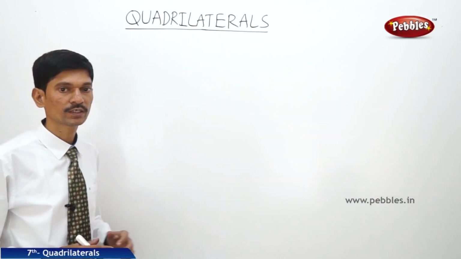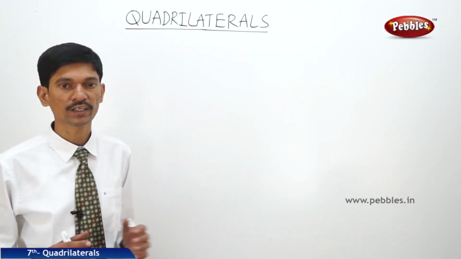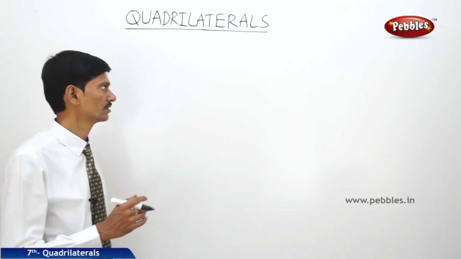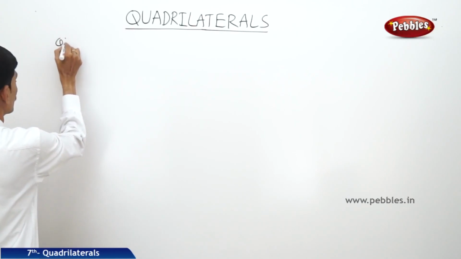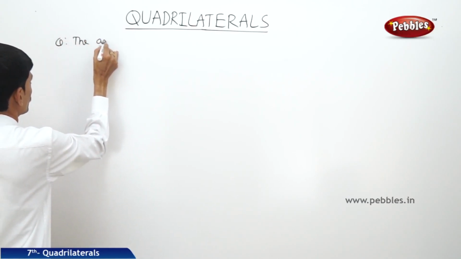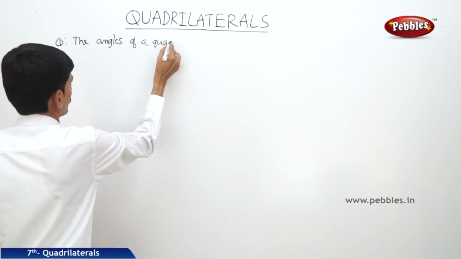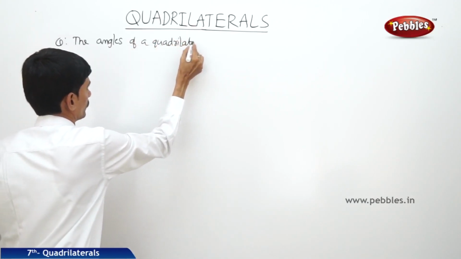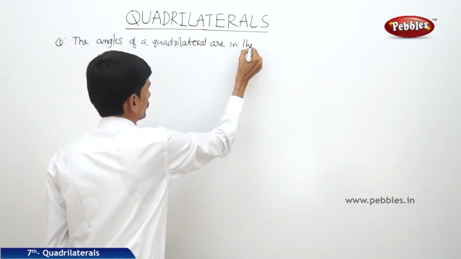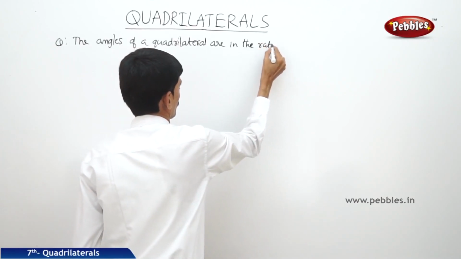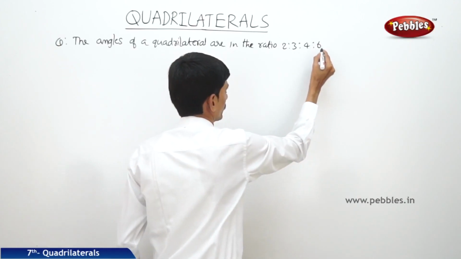The angles of a quadrilateral are in the ratio 2:3:4:6. Then you should find the measure of each of the four angles. Now let us write the question. The angles of a quadrilateral are in the ratio 2:3:4:6.